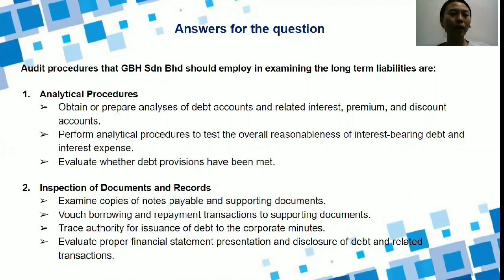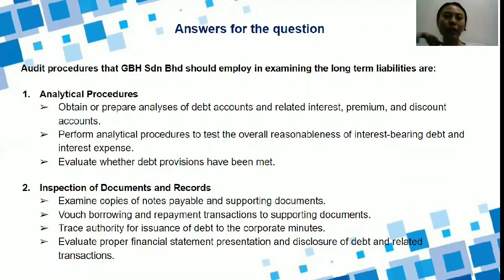Before comparing, the auditor needs to obtain or prepare the analysis of debt accounts and related interest, premium and discount accounts, and perform the analytical procedure to test the overall reasonableness of interest-bearing debt and interest expense, and evaluate whether the debt provisions have been met.